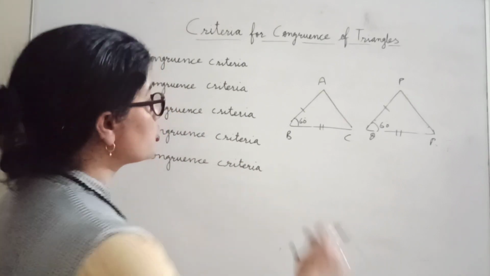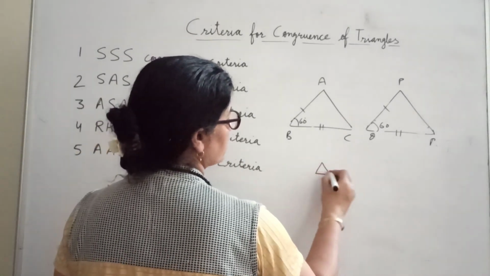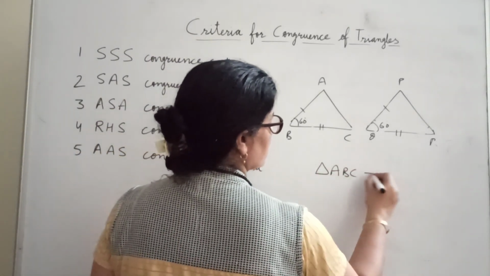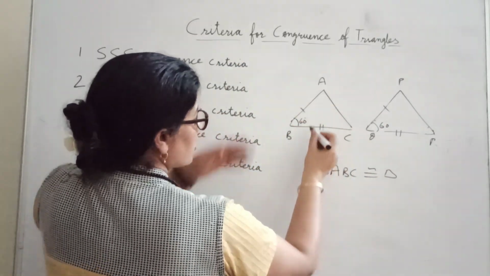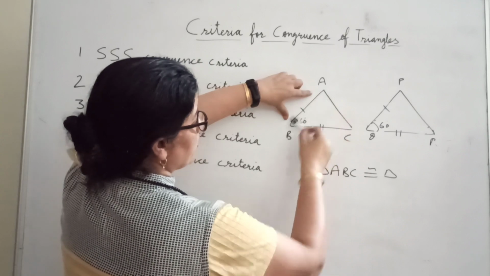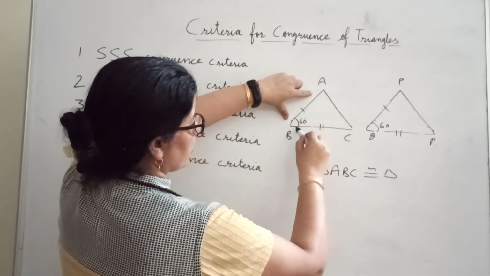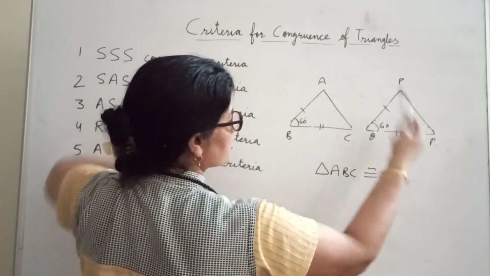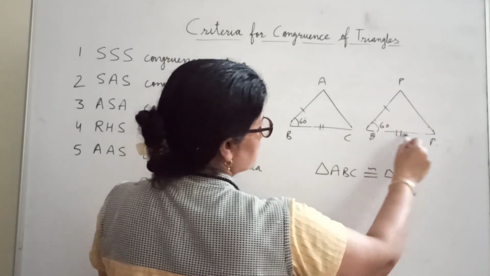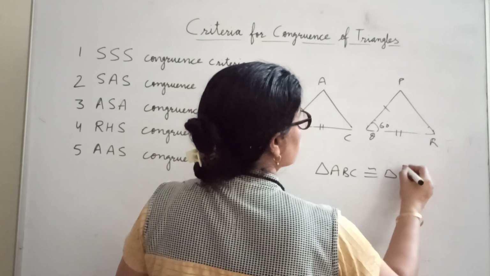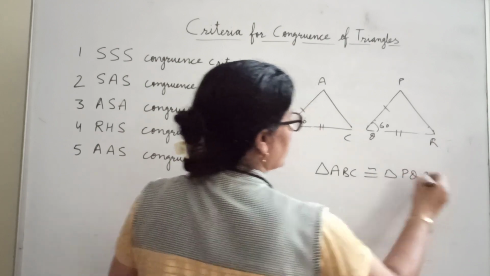Now here order also matters. See, if I have written triangle ABC is congruent to triangle, what? PQR. How are we going in ABC? First side, then angle, then second side. Similarly here also we will do like this. First side, then angle, then second side. Means PQR.